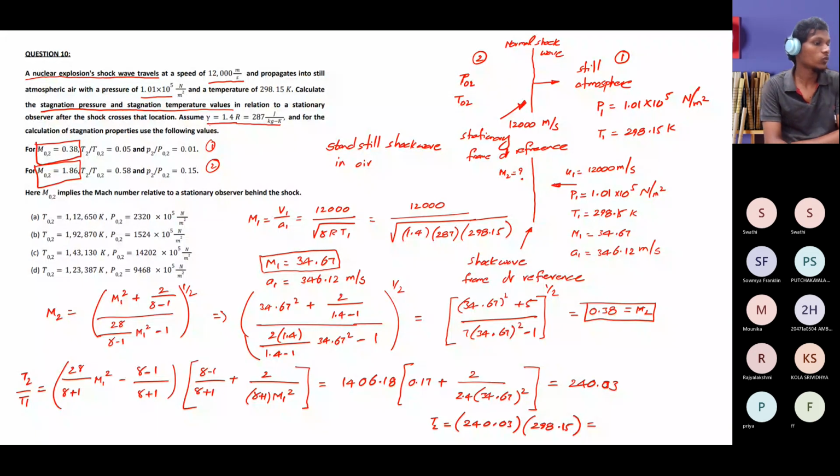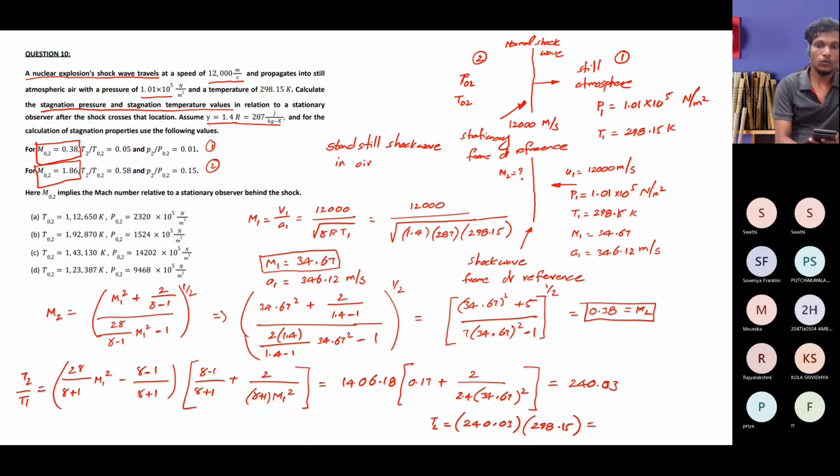Let me calculate the value of T2 for you. It is 240.03 times 298.15.